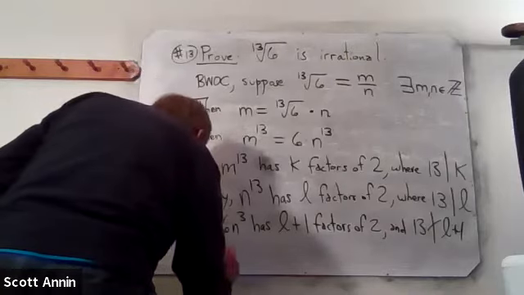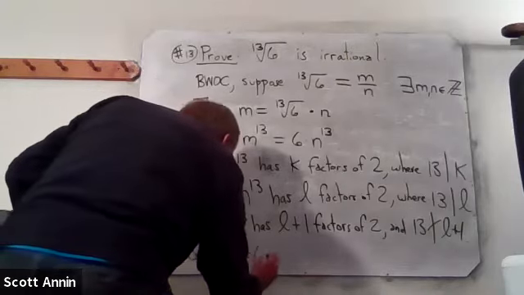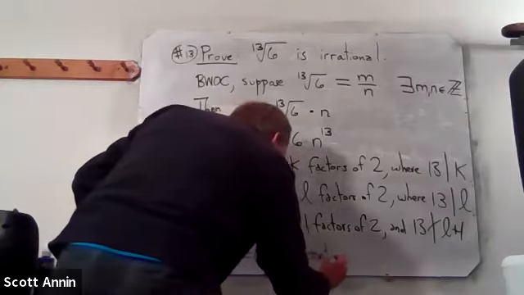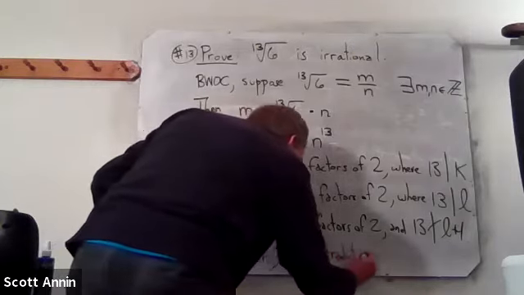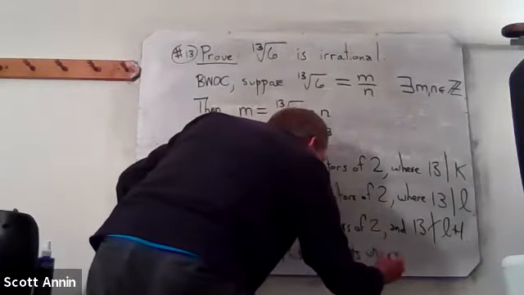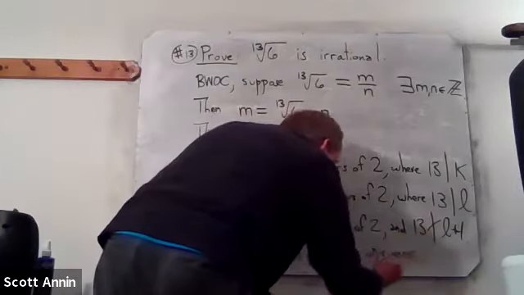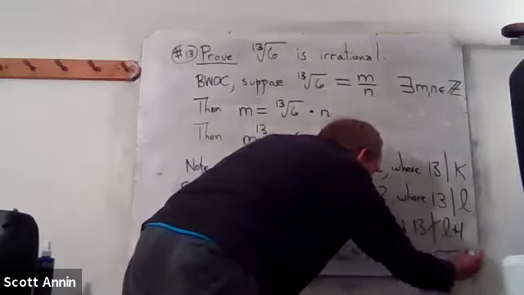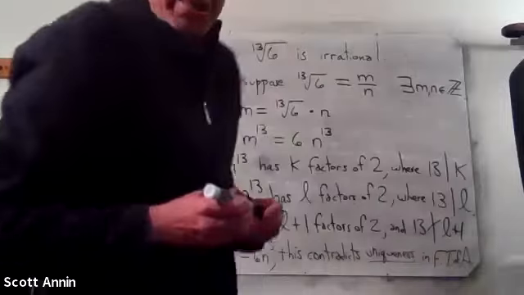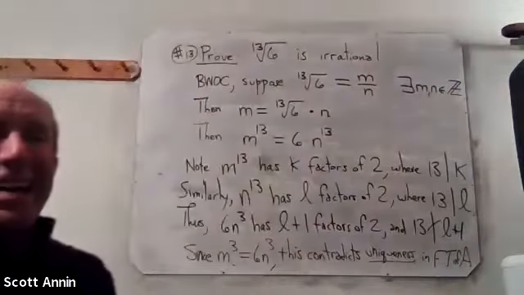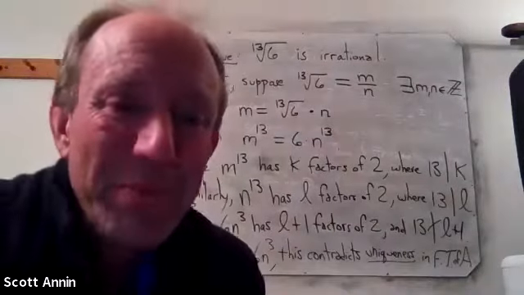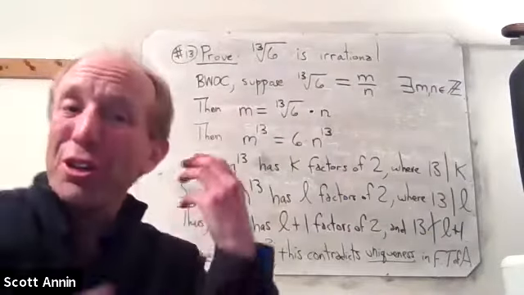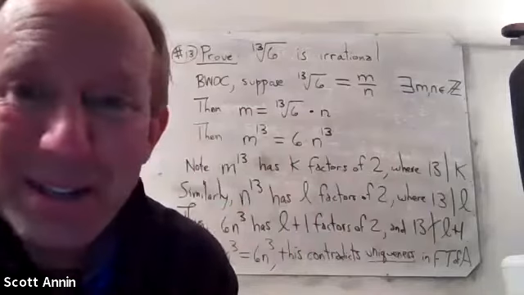Since m to the 13th is equal to 6n to the 13th, this contradicts the uniqueness in the fundamental theorem of arithmetic, FT of A. So every prime factor needs to occur the same number of times on the left side as the right side.